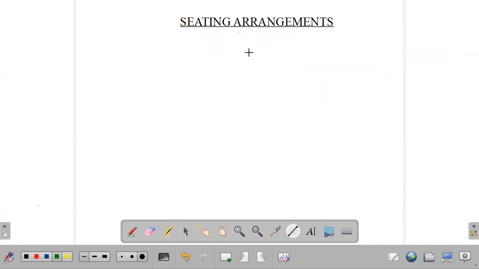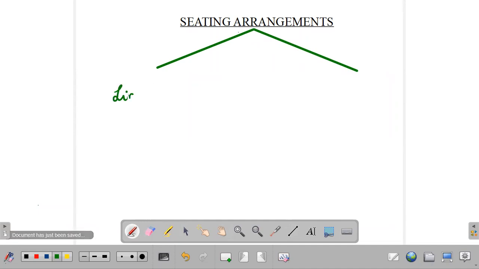Seating arrangement, you need to be aware that there are 2 types of questions you can expect. The first one is based on linear seating arrangement.